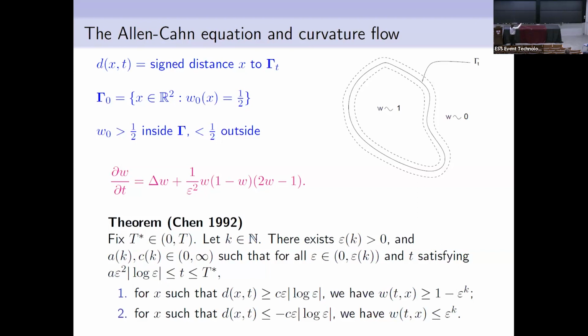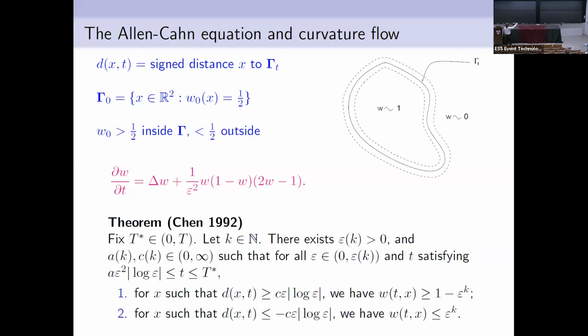And then as time evolves, what other assumption am I making? I'm going to assume that inside this region, inside gamma 0, W0 is bigger than 1/2, and outside it's less than 1/2. Everything's symmetric, so I could say that the other way around, but that'll do. All right.